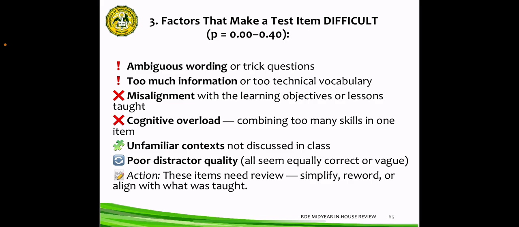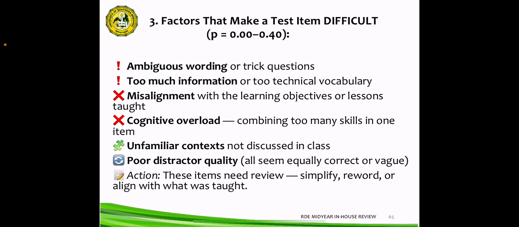It has too much information or too technical vocabulary, misalignment with the learning objectives or lessons taught, cognitive overload, combining too many skills in one item, unfamiliar context not discussed in class, poor distractor quality, or all seem equally correct or vague.